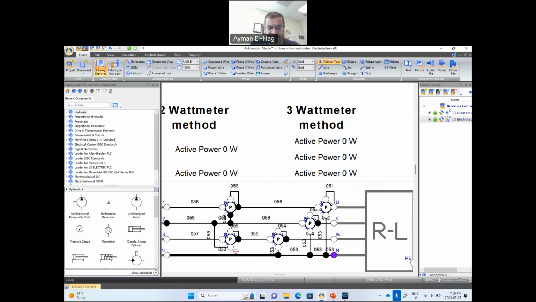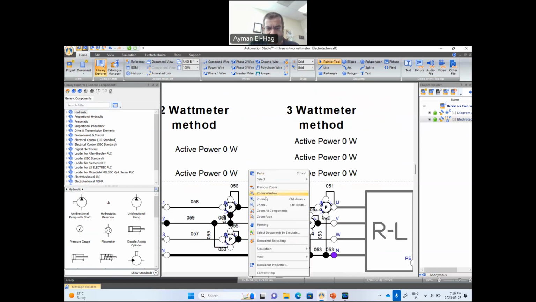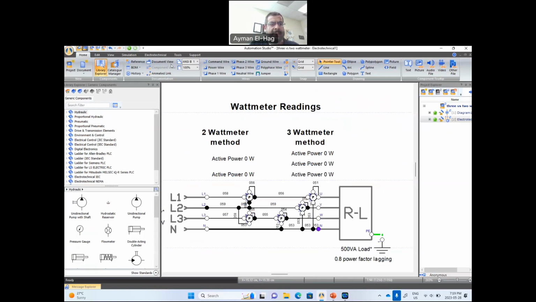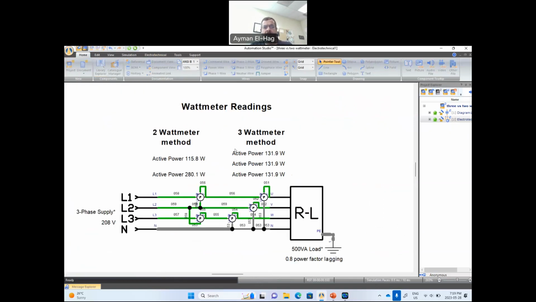So here, for example, in the second watt meter, I connect phase C to the first part of the coil, and the second part of the voltage coil is phase B. Okay, so now let me zoom a little bit out here and let me run the simulation. So we will have here the power. As I said, it's around 400 watt, but because of the losses, there will be a little bit of discrepancies.